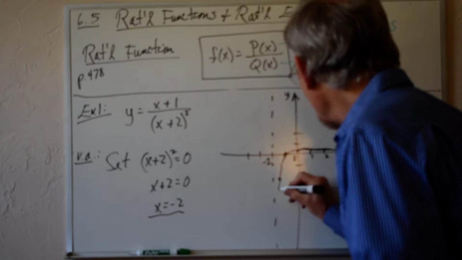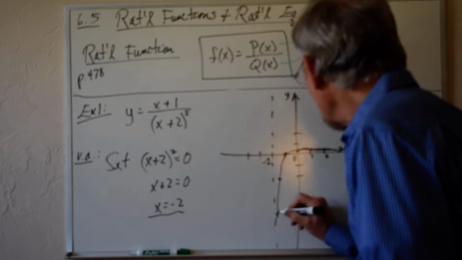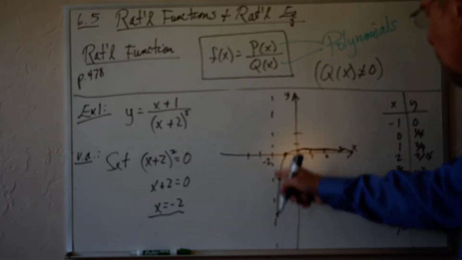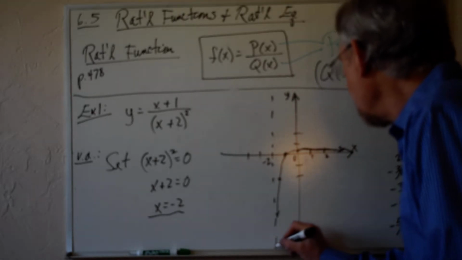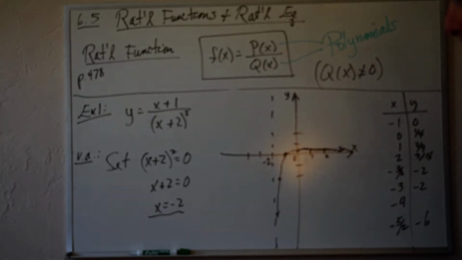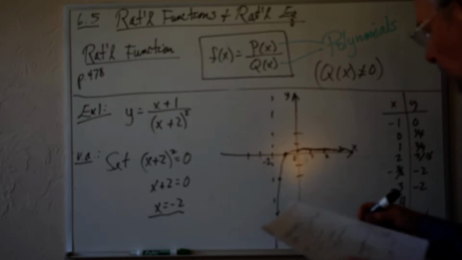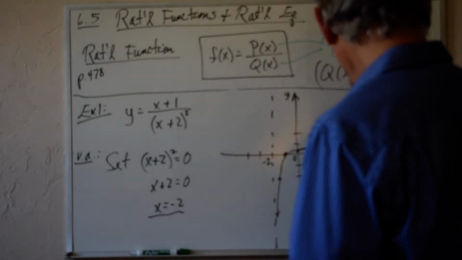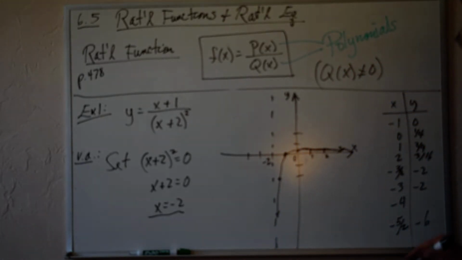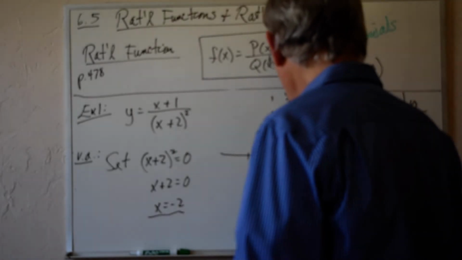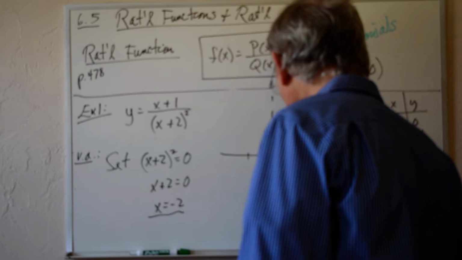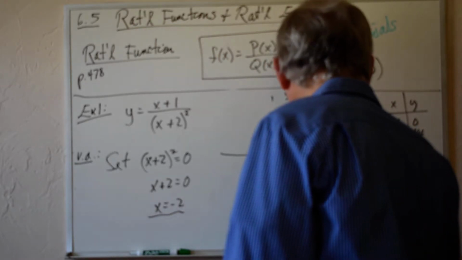We could plot some more points and you'd see we're getting the vertical asymptote right there. We have that asymptotic effect. What happens over on this side? If I plot -5/2, then I get -6. I'm way down here.